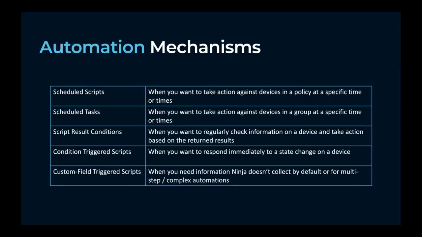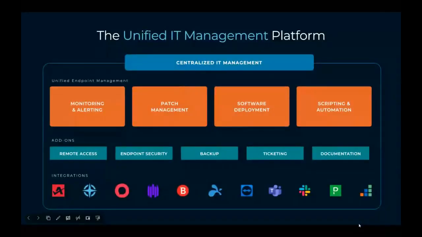And finally, custom field triggered scripts, the ability to monitor custom field data and then push out an automation based on that. So with these 5 different types of automation mechanisms, you have a really robust ability to automate at scale across your environments.